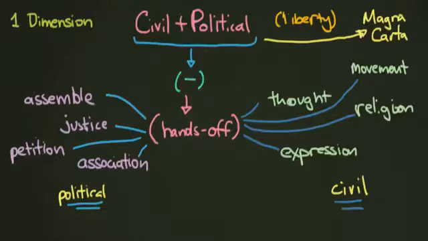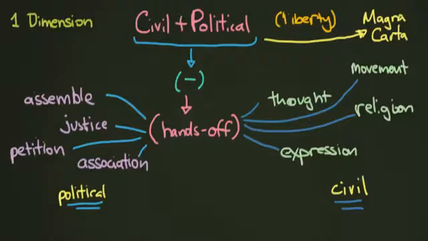Not everybody has their civil and political rights. But this is an old tradition, one that starts there and moves all the way up through the French Declaration of the Rights of Man, through the Universal Declaration of Human Rights, and to the International Covenant on Civil and Political Rights, which is really the most important document for this area.